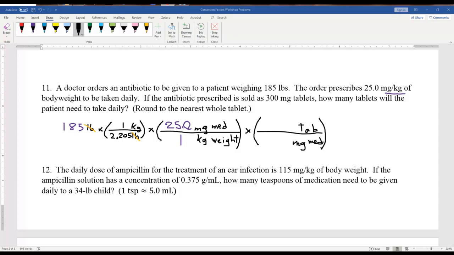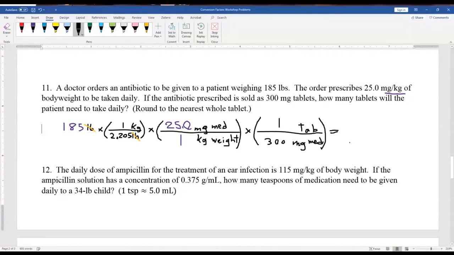What numbers do I need to put here? 300 at the bottom and 1 tablet on top. You got it. 300 on bottom and 1 tablet on top. Very good.